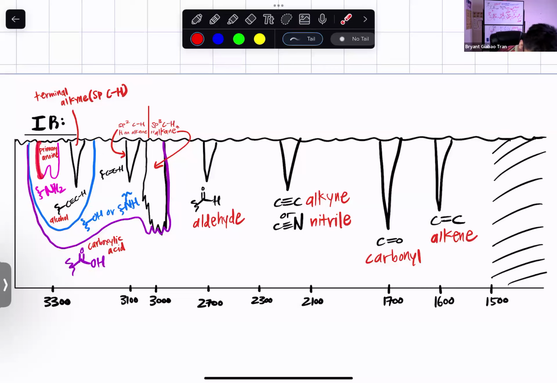If you see a fang-like looking structure, two fangs like that, then that's a primary amine, right? And if you see a sharp peak at 3300, then that's the terminal alkyne peak. So I would include this in your note card as well, alongside the SN2, SN1, E1, E2 reaction chart.